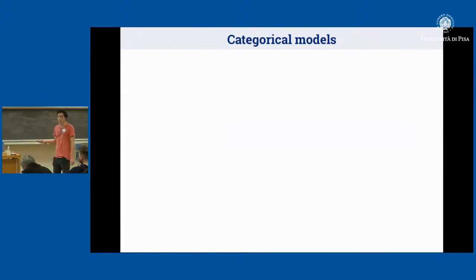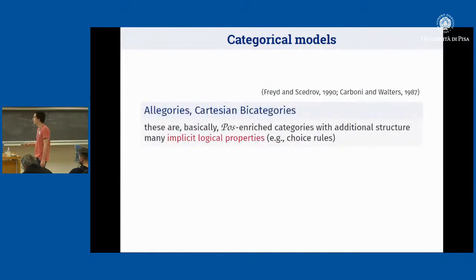From a categorical point of view, to do relational stuff, the usual setups are allegories or Cartesian bicategories. They are two different things, of course, but roughly these are categories enriched over posets with some additional structure. They are quite natural and work very well, but they have a lot of logical principles which are implicit and there under the hood, especially some choice rules, which maybe one does not like, especially if you want to be constructive.